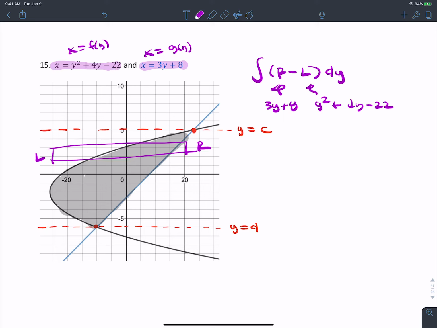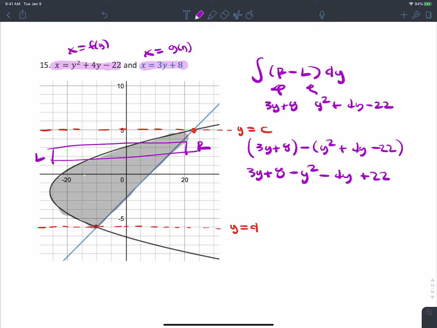So algebraically, you have 3y plus 8 minus (y squared plus 4y minus 22). And if we distribute, 3y plus 8 minus y squared minus 4y plus 22.